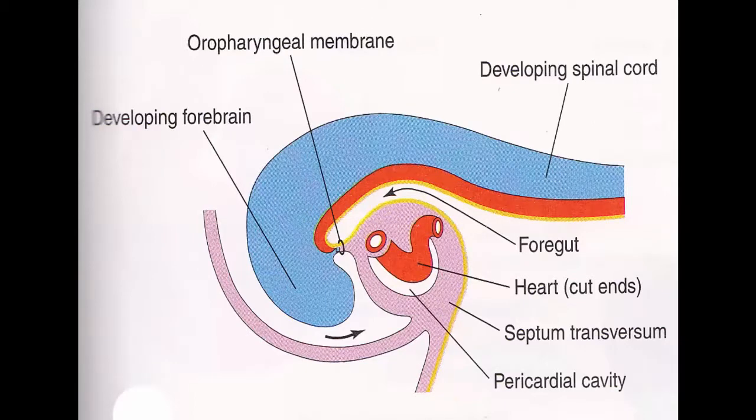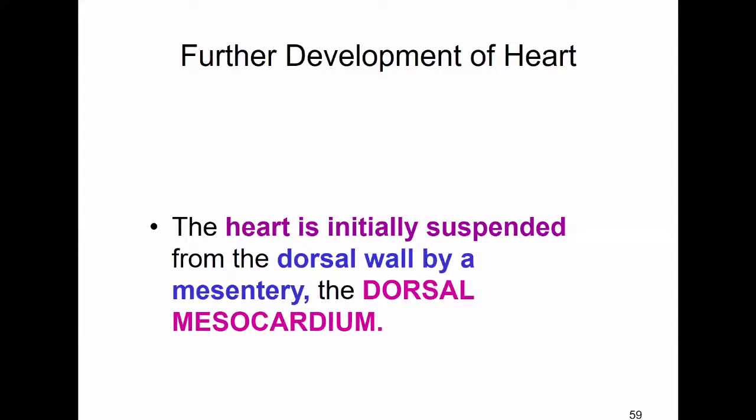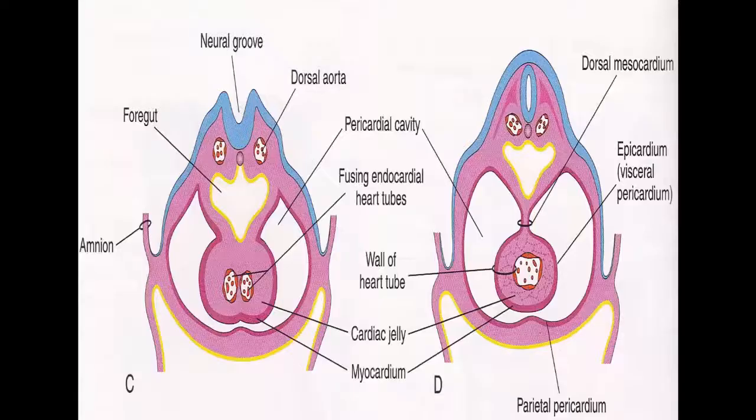Now the heart is initially suspended from the dorsal wall of the embryo by a mesentery, the dorsal mesocardium. In the beginning there is a dorsal mesocardium. Suppose this is the dorsal body wall, and the heart is suspended by a mesentery, we call it dorsal mesocardium.